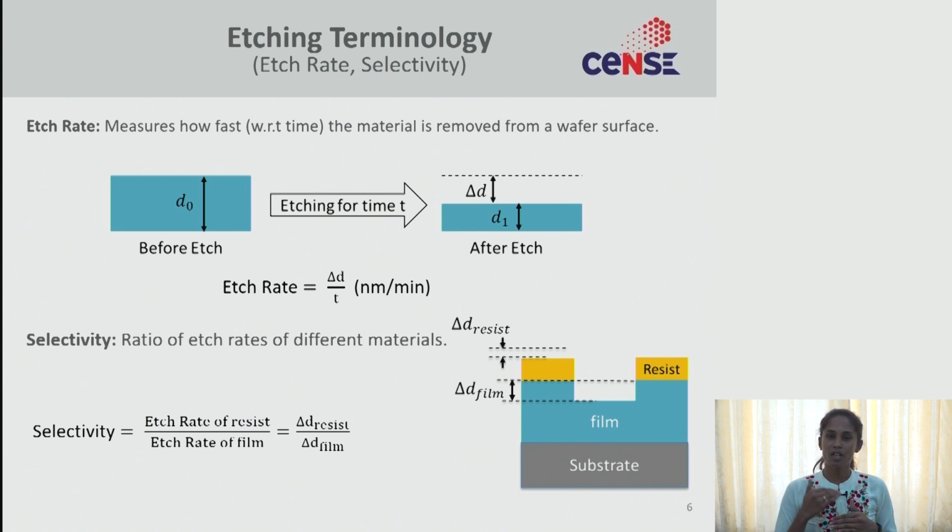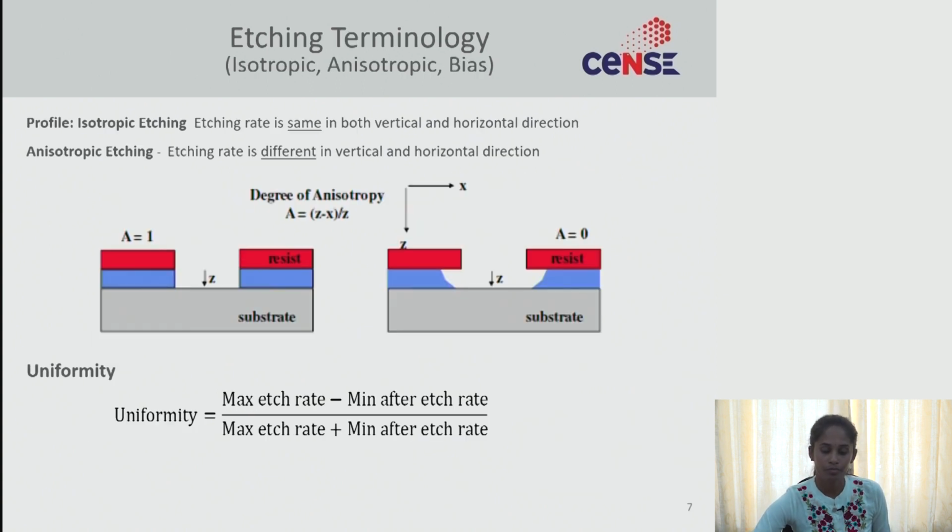Always the etch rate of the mask material should be less compared to the etch rate of your material. Only then can you achieve a desirable depth while keeping your mask material. So that is the selectivity.